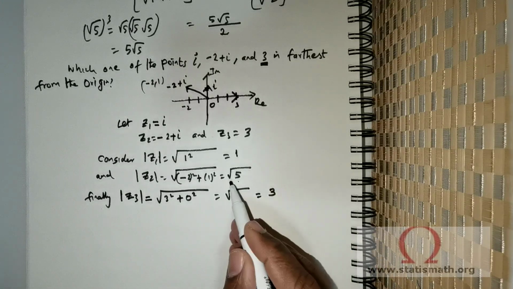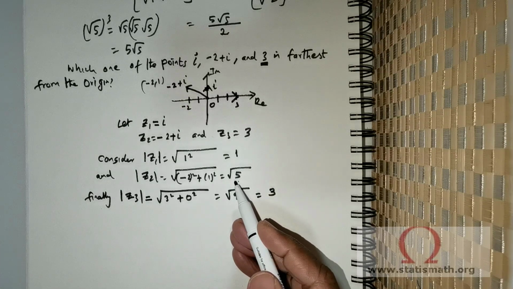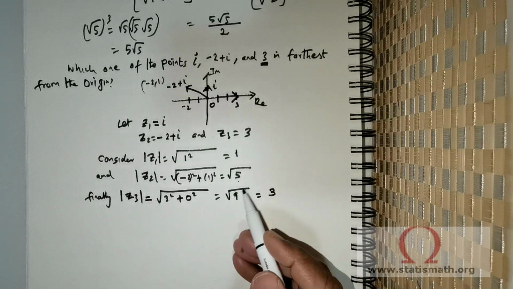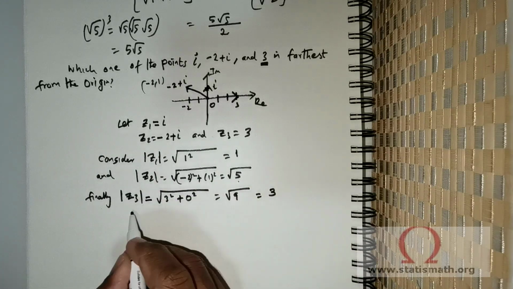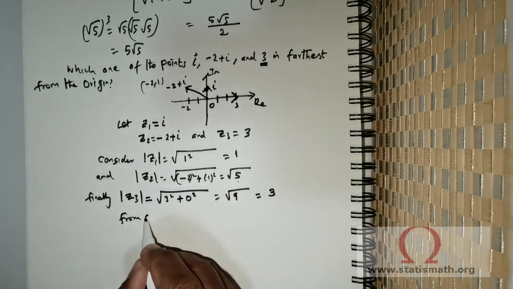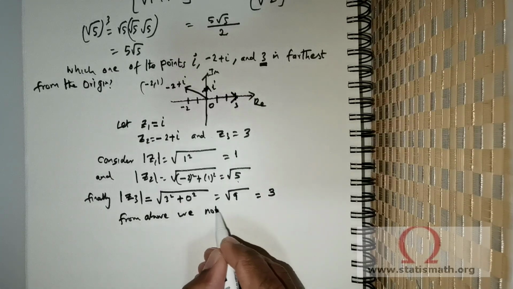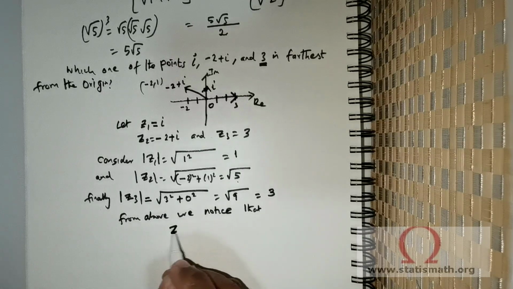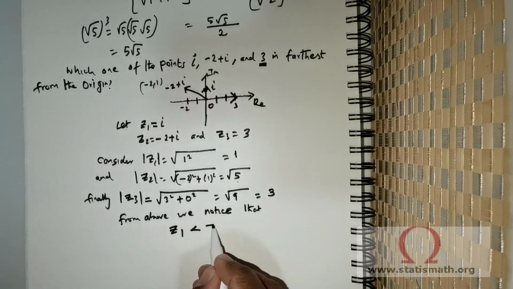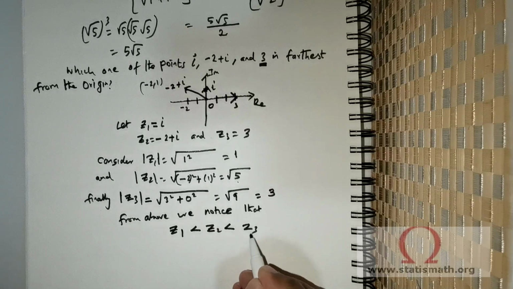Clearly root of 5 is not going to be 3. We all know root 4 is 2, so root of 5 would be slightly more than 2. From the observation above, we notice that |z1| is less than |z2|, which is in turn less than |z3|.